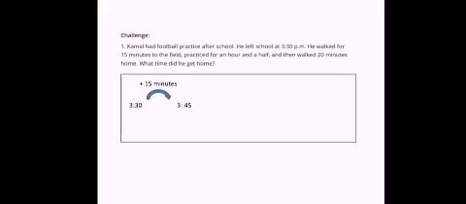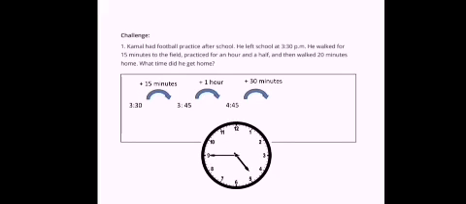He practiced for an hour and a half, that means plus 1 hour. 3 plus 1, that means 4:45. An hour and a half, so here we have another half an hour, that means 30 minutes. Okay, how can I do it when I add the minutes, 45 plus 30? If this is my clock, here it's 4 o'clock and 45 minutes.